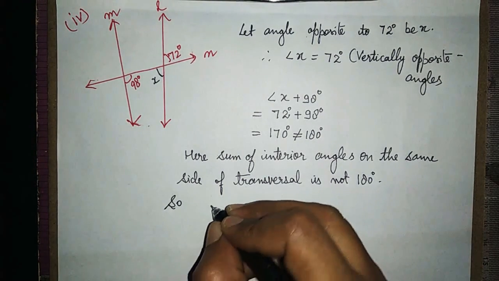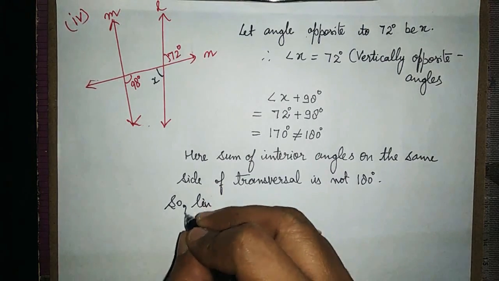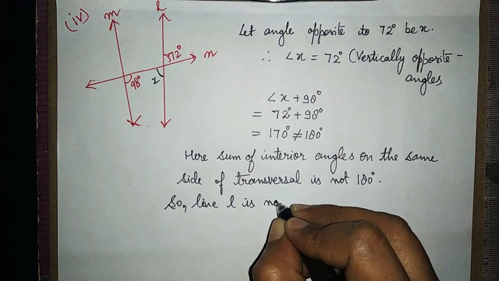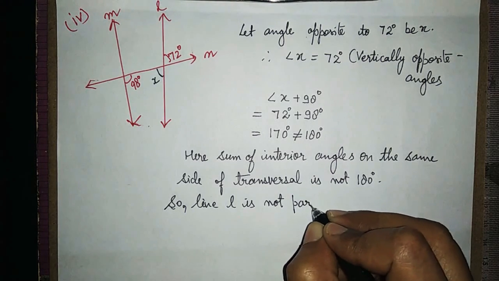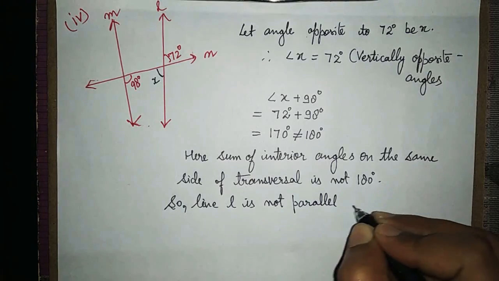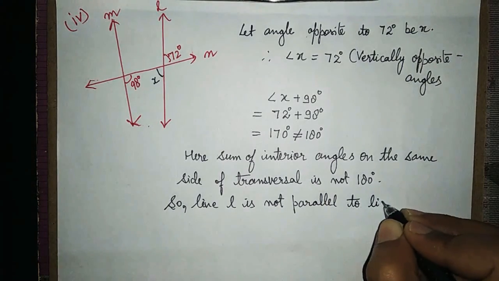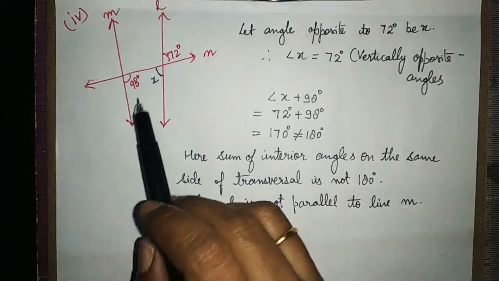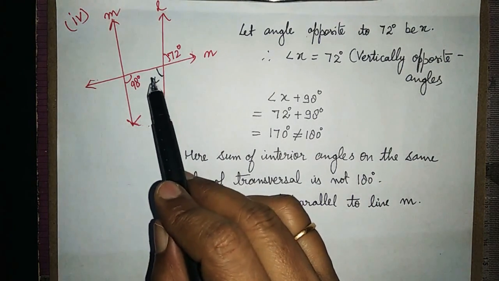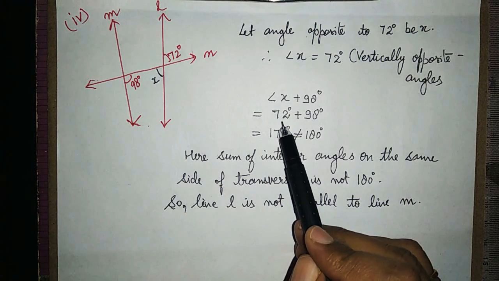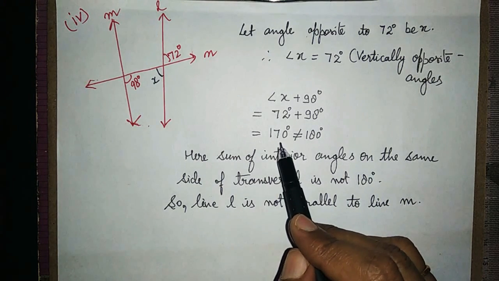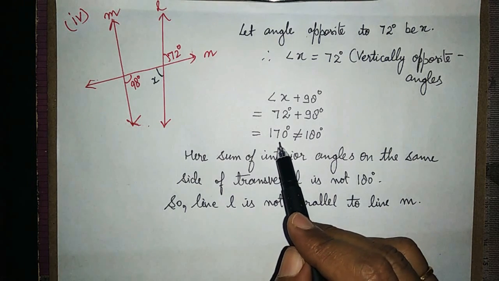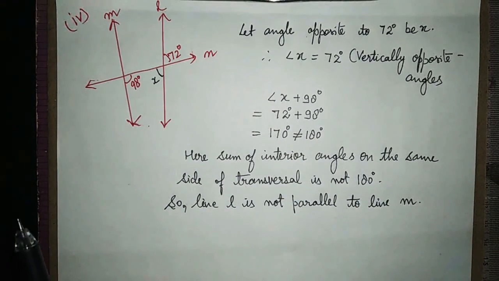So line L is not parallel to line N. I think clear? Here if you have added 98 degree and this 72 degree, sum is not coming 180 degree. Okay. Here 170 degree is coming. So these two lines are not parallel.